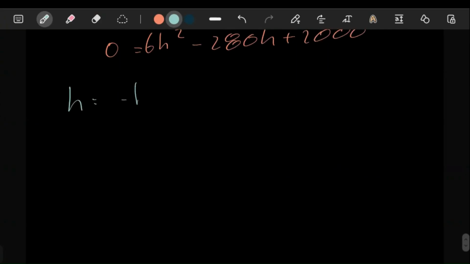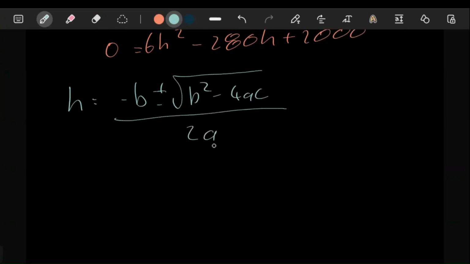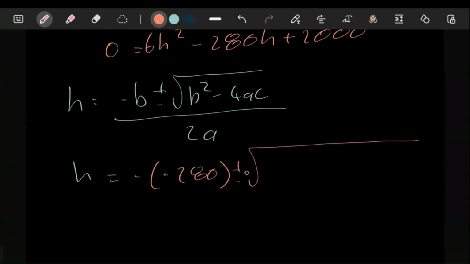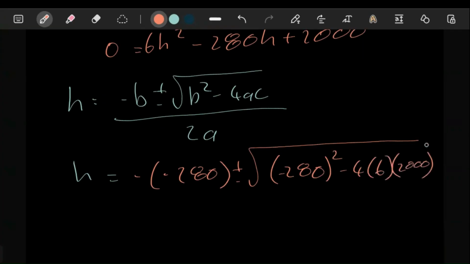H is equal to minus B plus or minus the square root of B squared minus 4AC, over 2A, of which, if you look nicely, this is just minus B, right? So minus B plus or minus B squared minus 4AC, right?